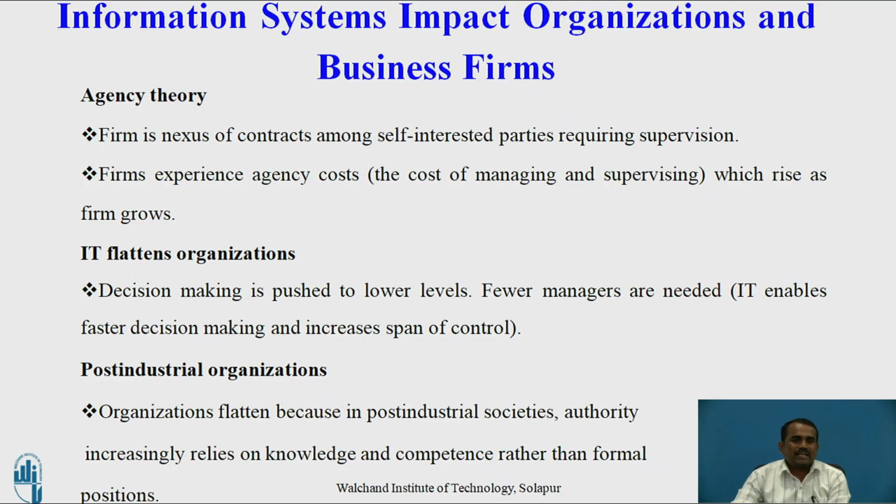IT enables faster decision making and increases span of control. In post-industrial organizations, organizations flatten because in post-industrial societies authority increasingly relies on knowledge and competencies rather than formal positions.